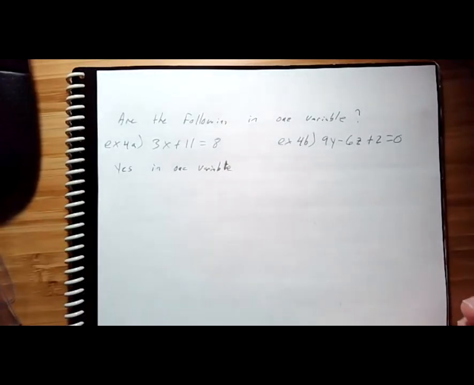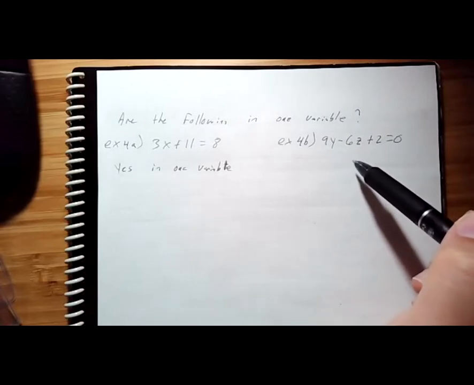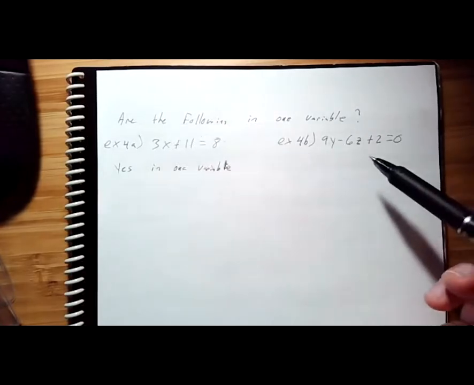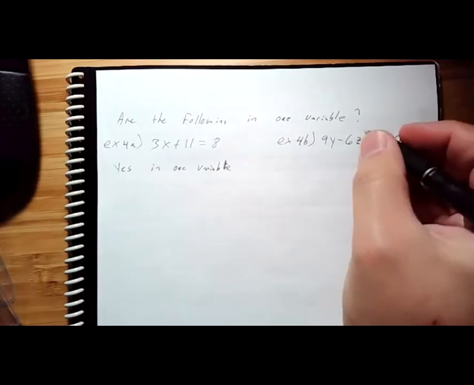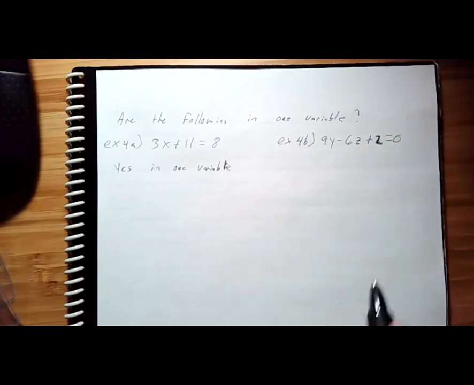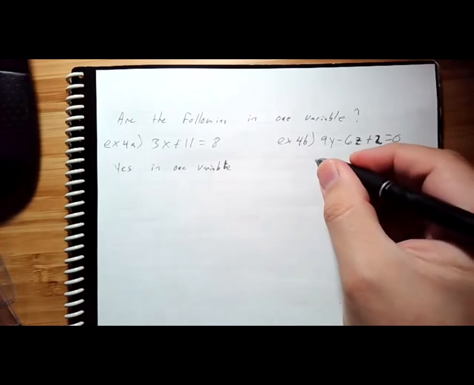The reason that's important is because you cannot solve an equation that has more than one variable without multiple equations. So if you have one variable, you need one equation. You have two variables here, this is y and z. This is a 2, by the way. Then you can't solve this without another equation.